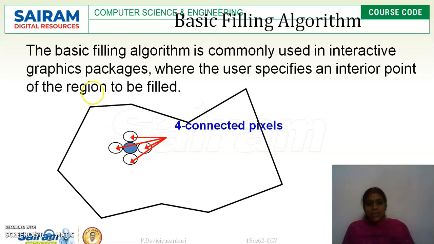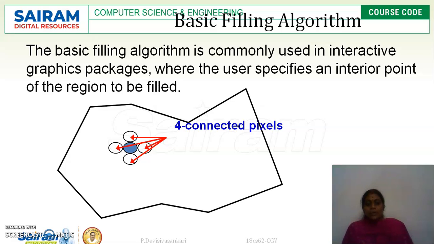This is four-way connected because, with this interior point, we find the pixels on the left side, right side, bottom side, as well as the top. If we know all these pixel values properly, then it is very easy to fill the particular color or different attributes into the pixels.